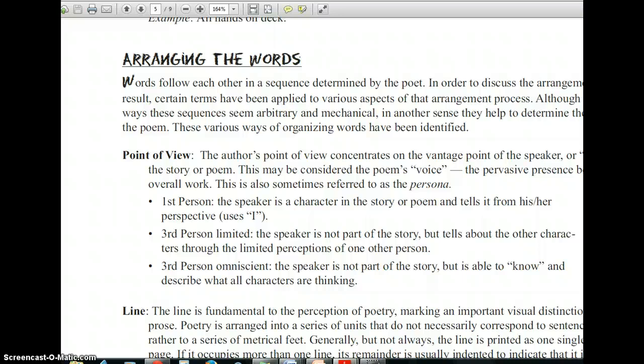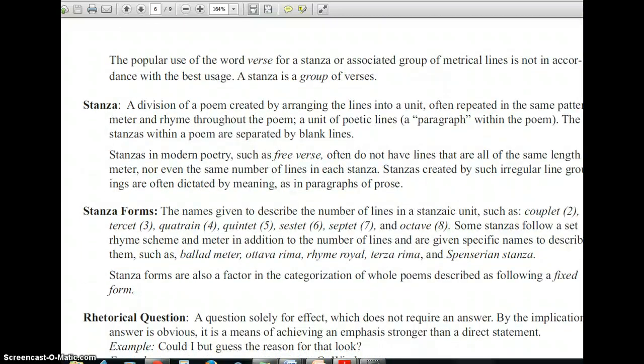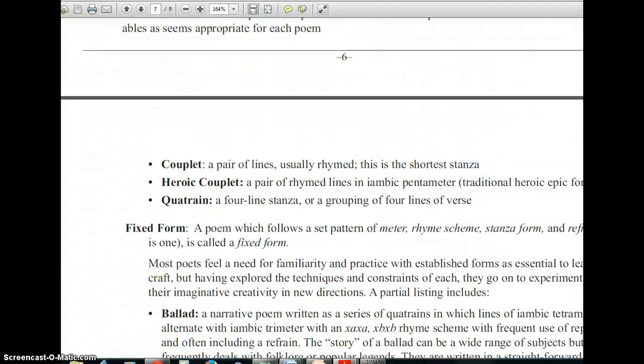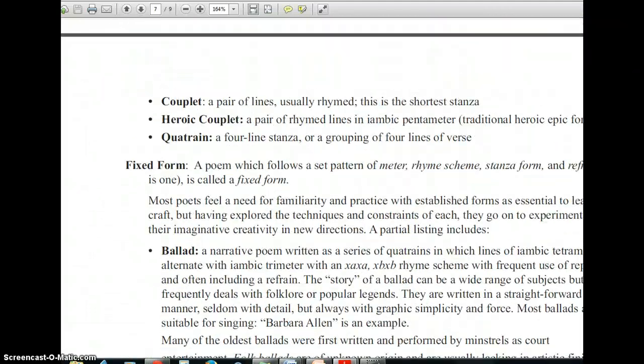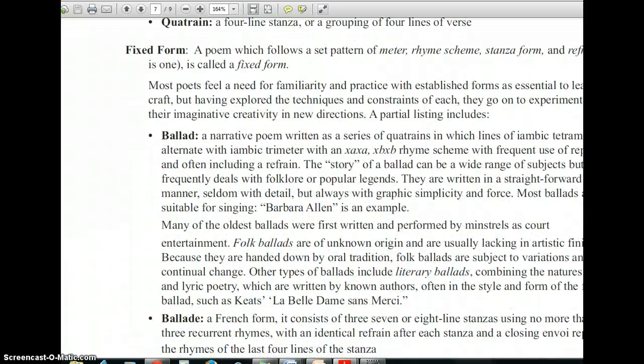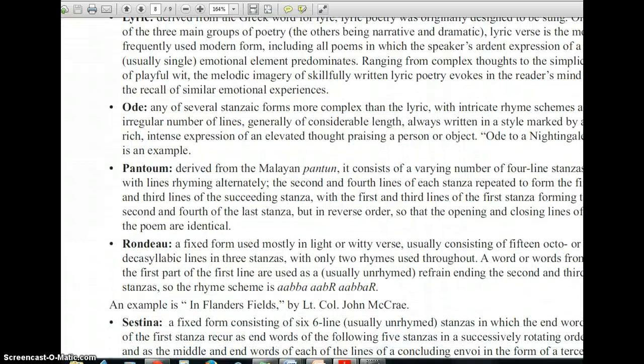Arranging the words, so the way words are put in the poem are important, so make sure you understand that. And then it talks about different types of poems for you to look at. And we'll try to look at as many of these as possible.